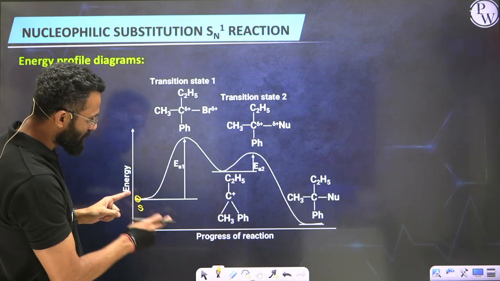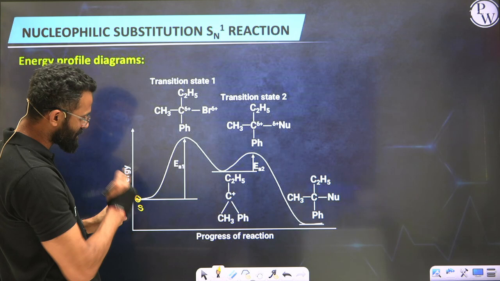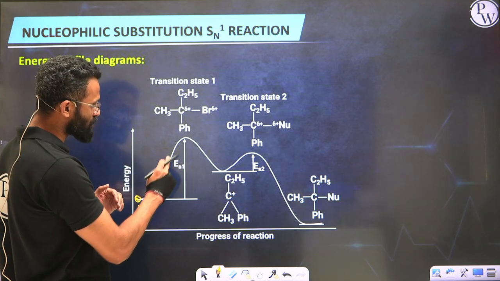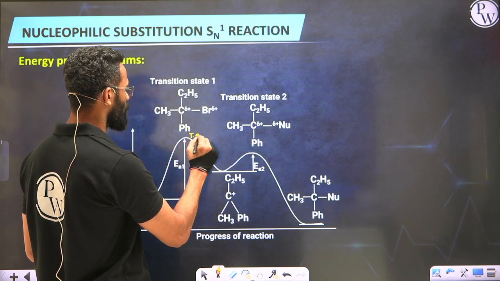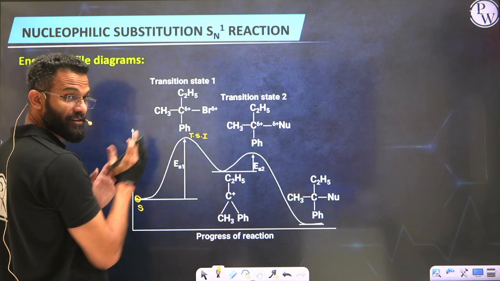That's why, as you can see, on the x-axis there is the progress of reaction, on the y-axis there is energy. So this is transition state 1, a state of maximum energy content.